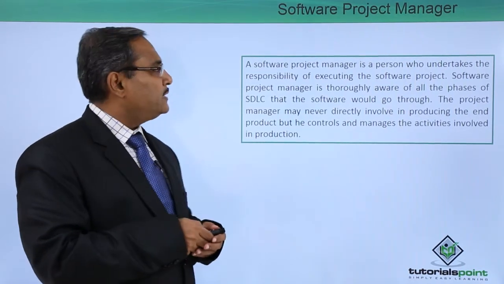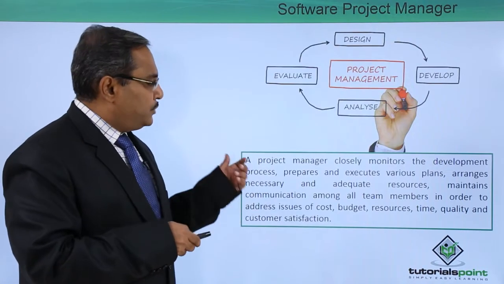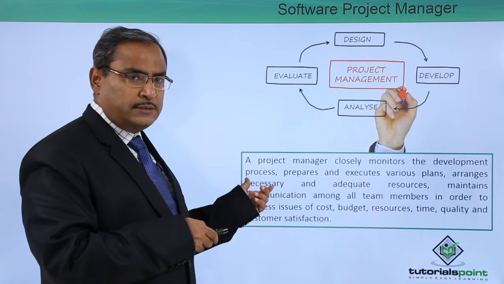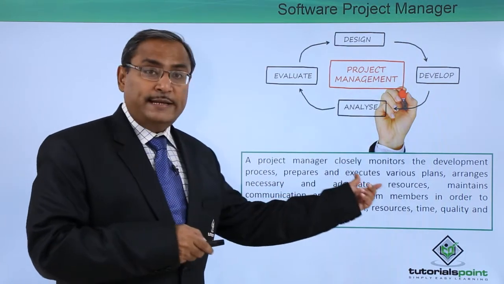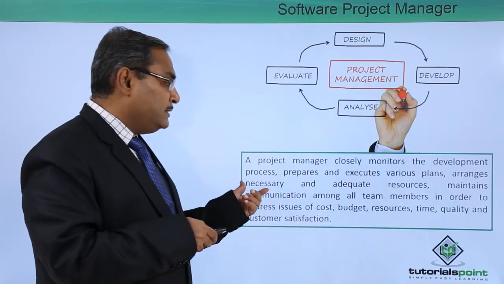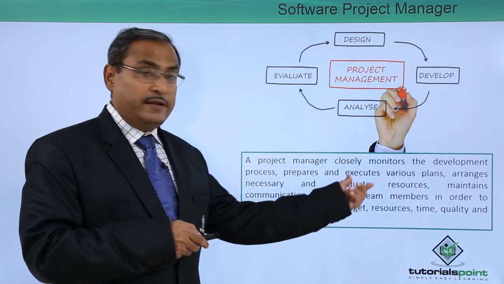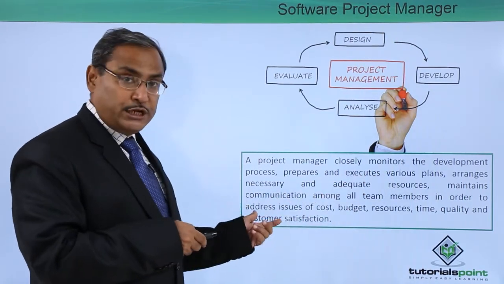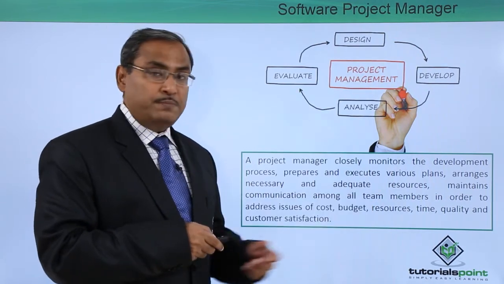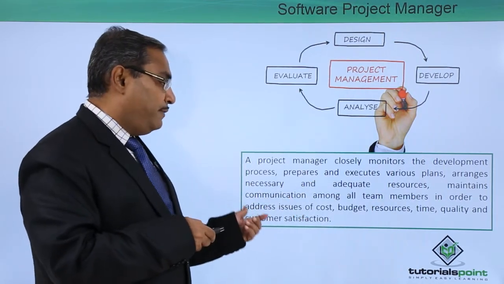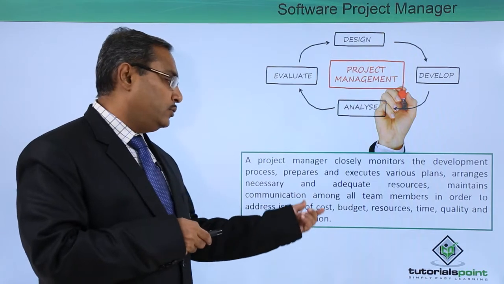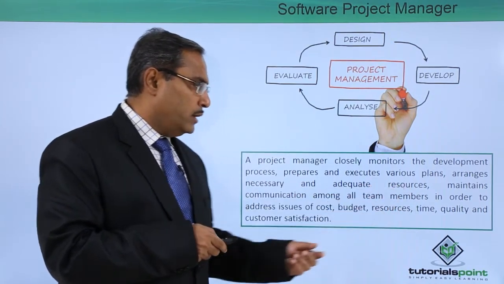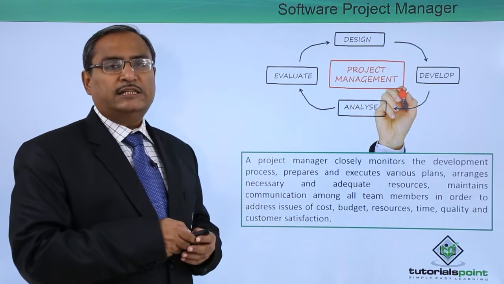He might not be involved in producing the end product, but he supervises all these aspects. A software project manager closely monitors the development process, prepares and executes various plans, arranges necessary and adequate resources, and, very importantly, maintains communication among all the team members in order to address issues related to cost, budget, resources, time, quality and customer satisfaction.